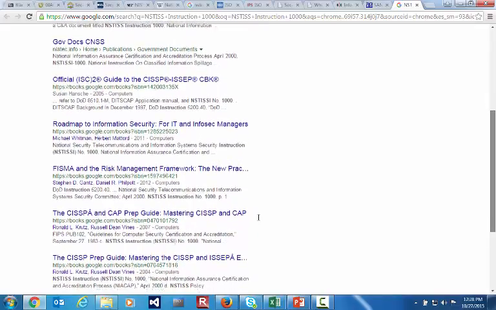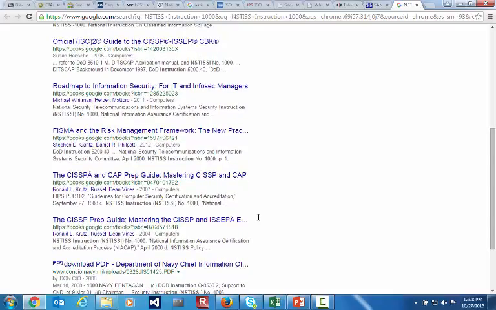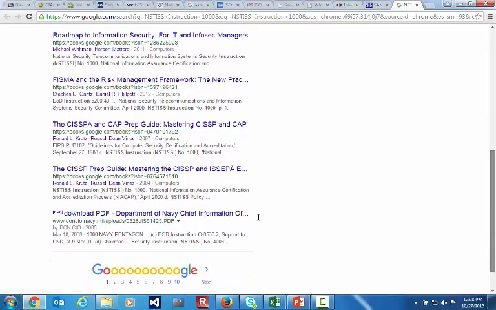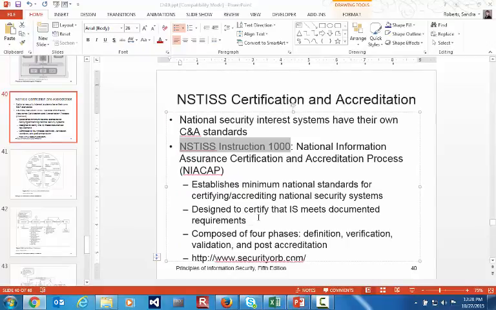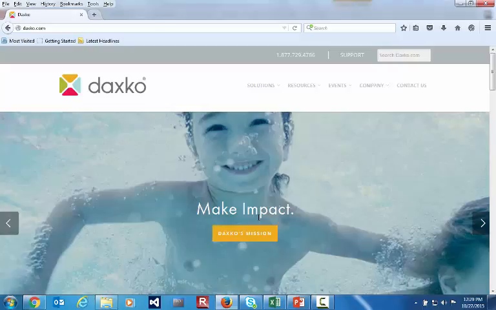There's the DOD. Do you see that there? We've seen the CRISP all along. All of those standards that are mentioned in this part, the Instruction 1000, National Information Assurance Certification and Accreditation. I have to have a zillion browsers open.